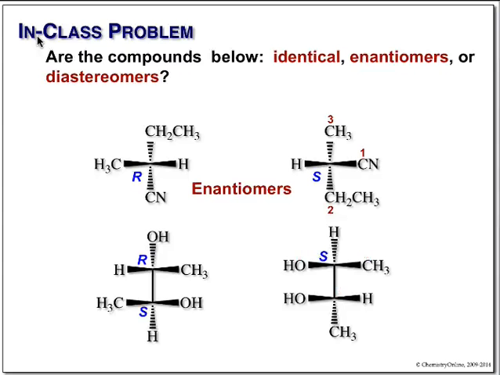Our bottom carbon, hydrogen is forward, hydroxyl, secondary carbon, methyl. That is clockwise, we reverse it, and it's S. So what is the relationship here? These are identical at one carbon and enantiomeric at another.